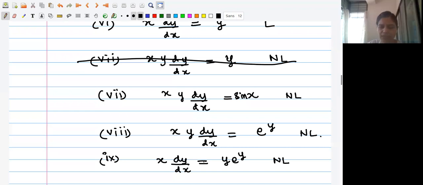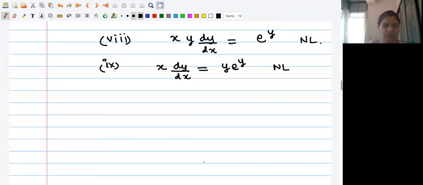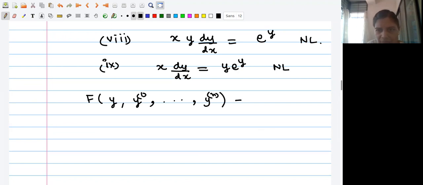No, see, you write it as a function. What did these slides say? You look at this differential equation as a function of y, the first derivative of y, and so on. You write this differential equation as a function of the unknown variable y and all its derivatives. Now, f should be a linear function.